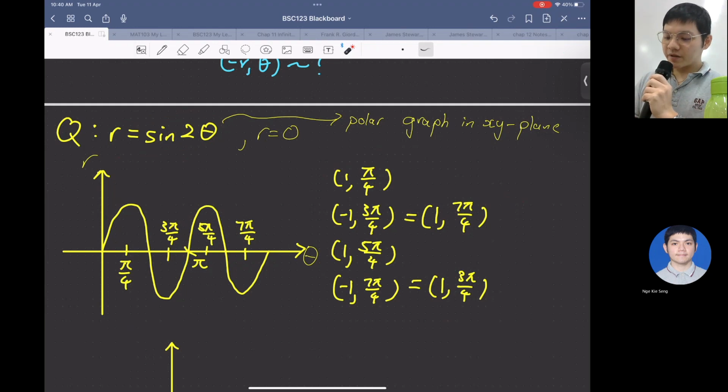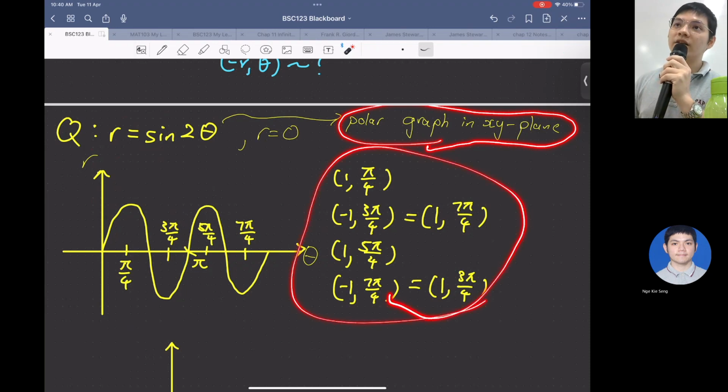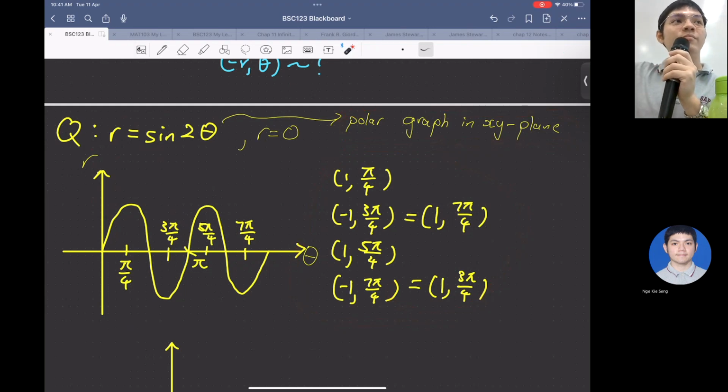When r equals 1, there are only 2 points. But the setting of the question is we care about this graph as a polar graph in the xy plane, so we need to consider all these 4 different points. There's some subtlety between polar graph, xy graph, xy plane, and r theta plane.